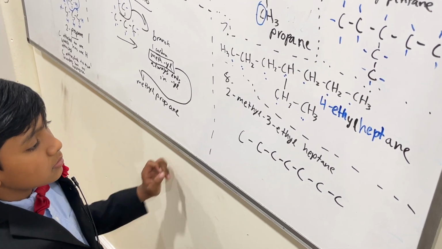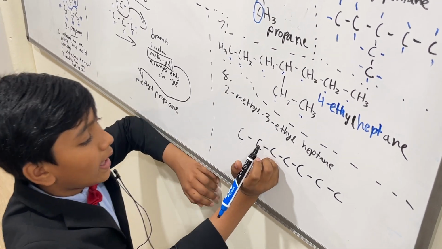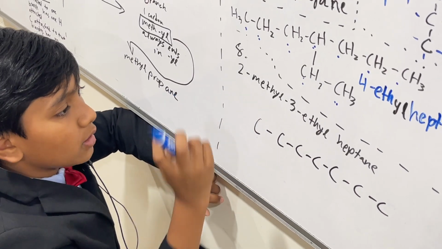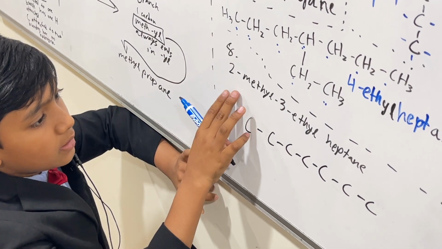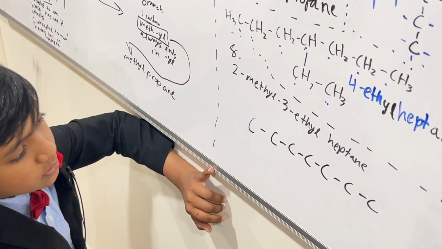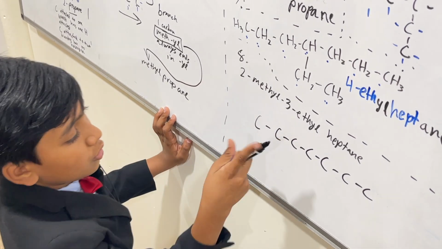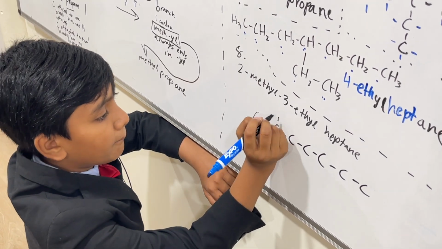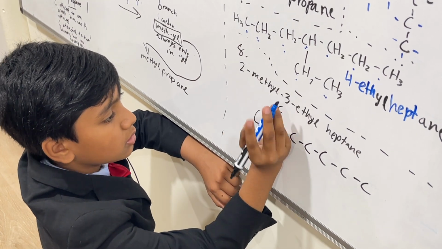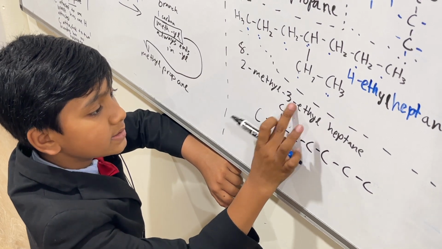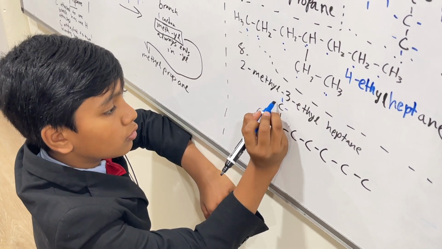So now we have to make one methyl branch on number 2 and another ethyl branch on number 3. So number 2 would be over here. So a methyl branch. So methyl means it's going to be one singular carbon. 1, 2, 3.